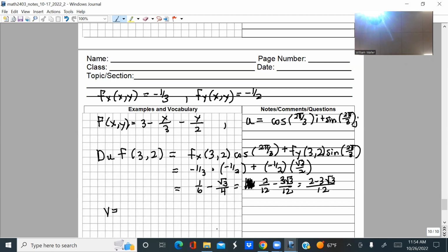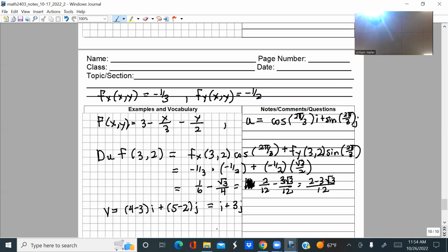It went from 3, 2 to 4, 5, so the i component is 4 minus 3, and the j component is 5 minus 2. Don't let me make a mistake there, so y'all can remember those coordinates. So this is i plus 3j.